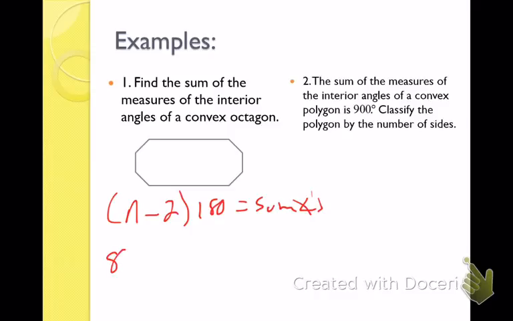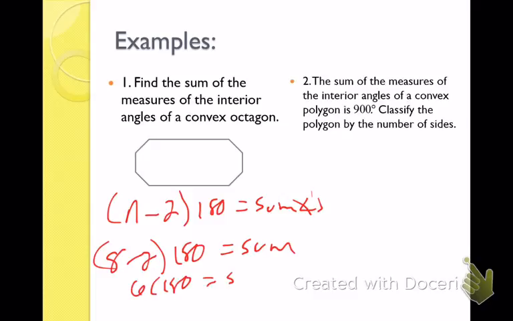Octagon's got 8 sides, 8 minus 2 is 6, 6 times 180, and that's going to be 1080. So the sum of the interior angles of an octagon is going to be 1080 degrees. They all have to add up to 1080.